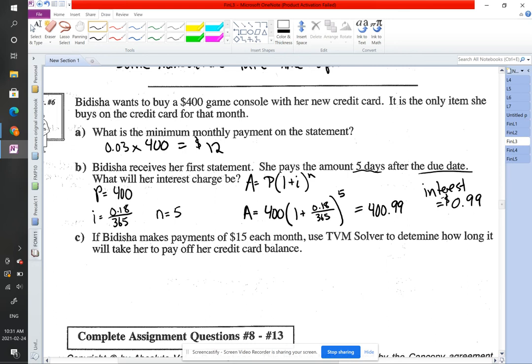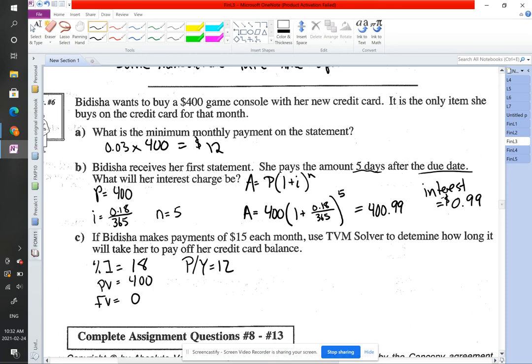If Badisha makes payments of $15 each month, use TVM Solver to determine how long it would take her to pay off her credit card balance. So we need to solve. Interest rate as a percent is 18. Present value is 400. She wants to pay it completely off, so future value is 0. We are going to make 12 payments a year because she's making monthly payments.